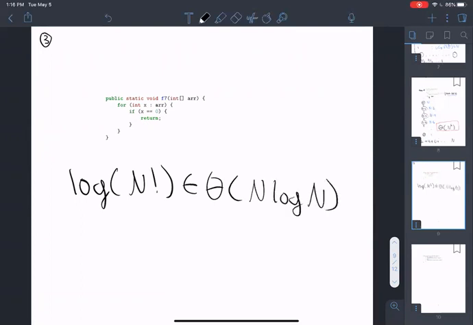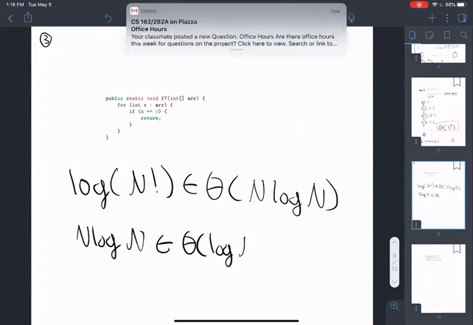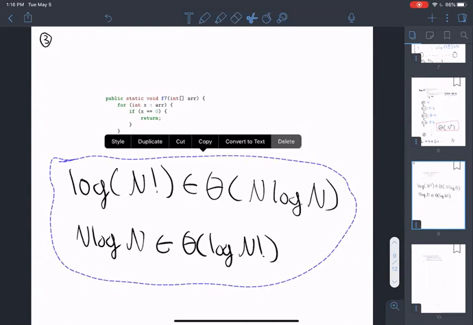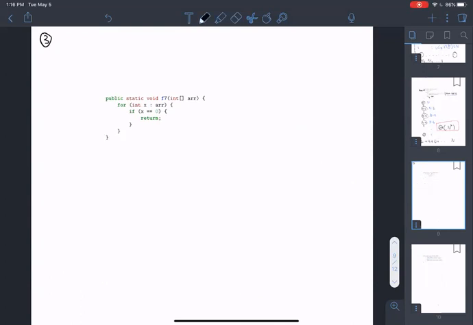So n log n is theta of log n factorial, so these two are equivalent. Asymptotically, when n gets really big, they're basically the same number. That doesn't come up a whole lot, but it's nice to know. You don't need to know that. It's just if you want to simplify even further for some reason.